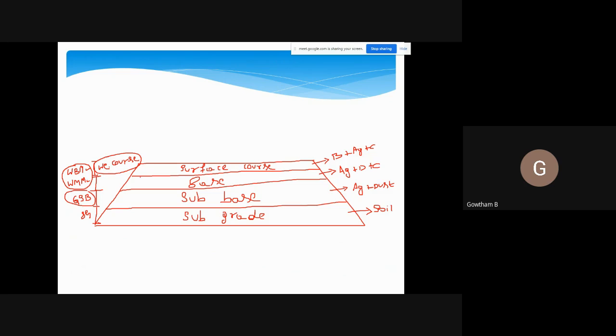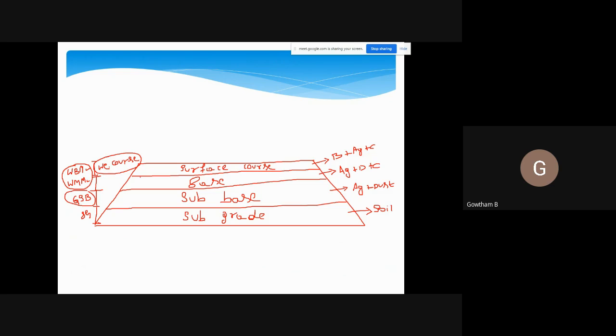And coming to the third very important topic, that is the construction procedure involved in the base layer. It is a very important layer in the road. Therefore, construction of this layer without any faulty things is very important, because if this layer fails, there is a possibility of water entering the lower layers, which may lead to failure of the entire pavement.